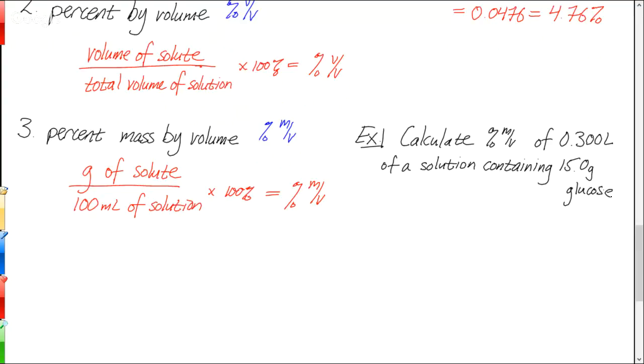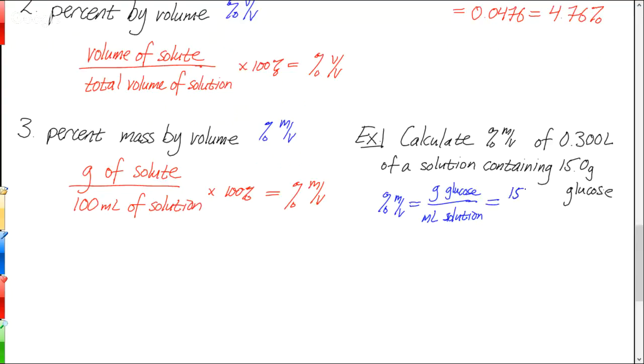Now to do that, we can look back at our equation here and we can say, okay, percent M over V equals grams of solute, which in this case is glucose, divided by milliliters of solution. So we can plug those numbers in. The only change here is that our volume is given in liters, not milliliters.